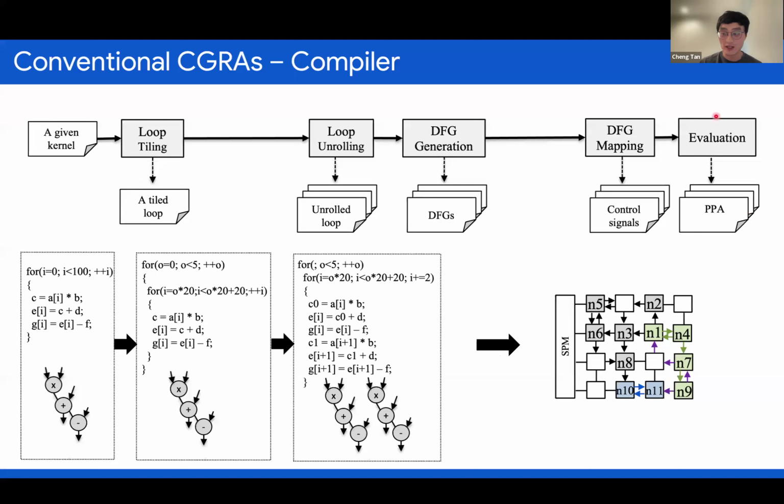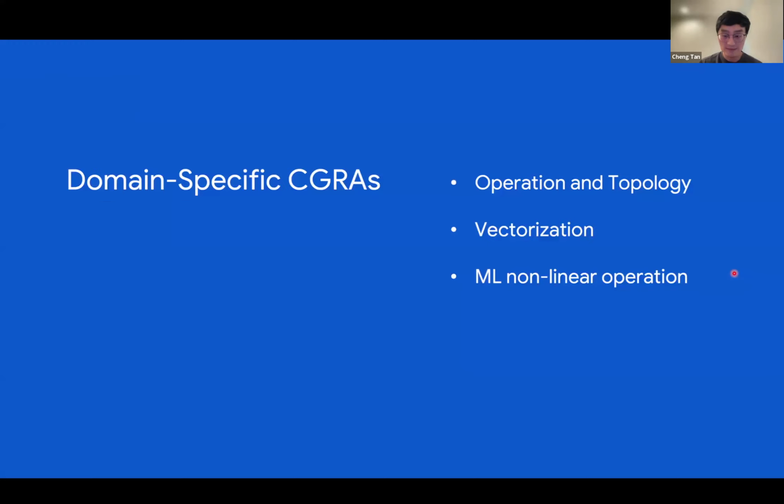And then you can perform the power, performance, and area evaluation given the RTL or our toolchain, the synthesized Verilog. Cool, that's pretty much about the conventional CGRA architecture. Now I want to show some advanced techniques around the conventional one.